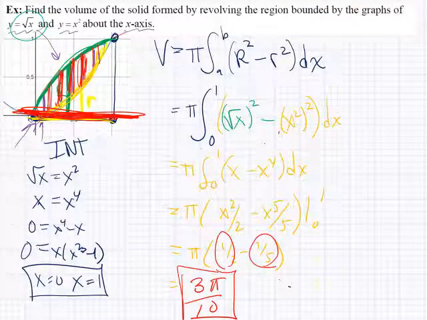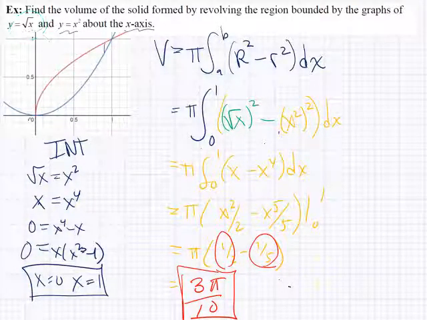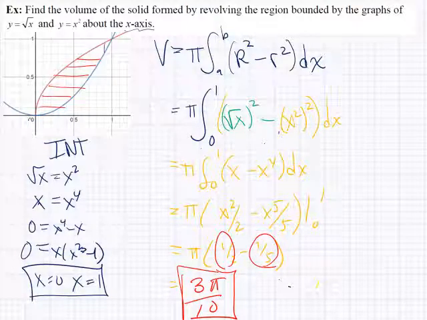Now, I could have just as well set this up with horizontal rectangles. If you look at this, it would work. The right side of every one of these rectangles hits the blue, and the left side of every single one would hit the red. Now, if I did that, I would just have to do everything in terms of y.